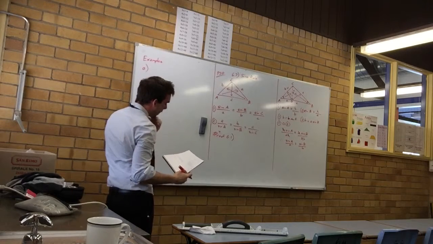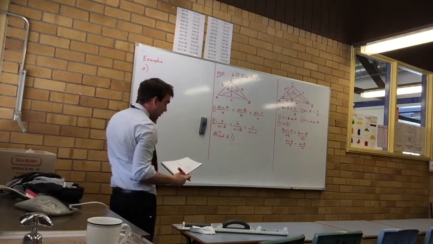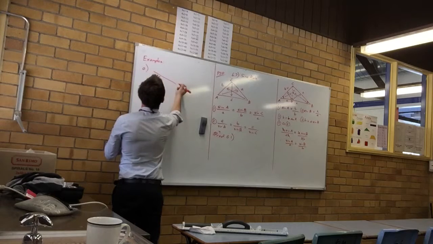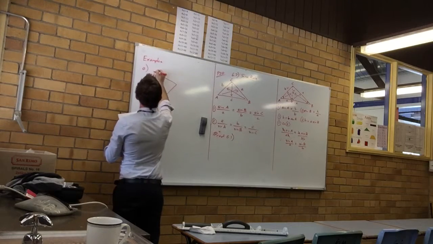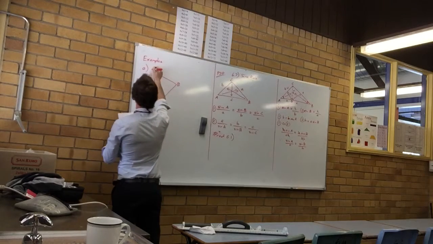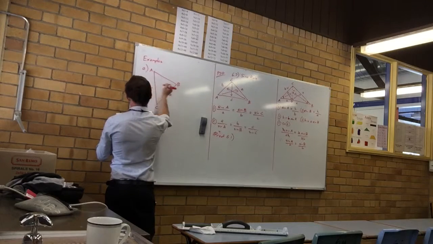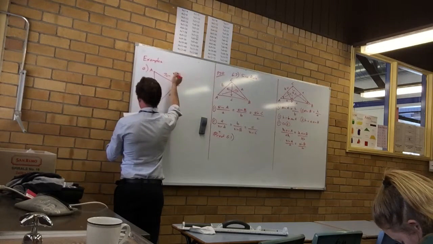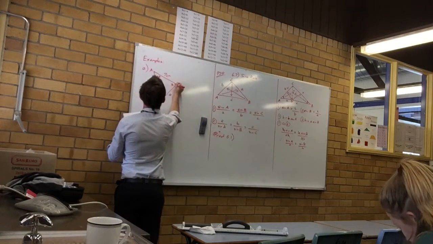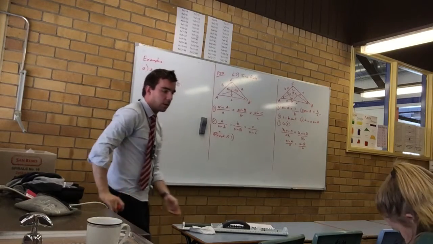Right, the question says find the length A, in part A, correct to 2 decimal places. Okay, we need to find the variable little a.